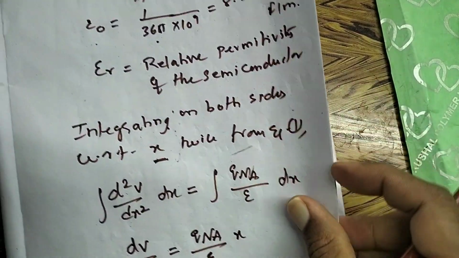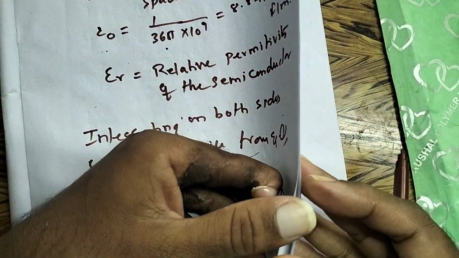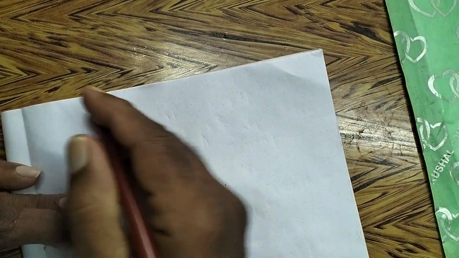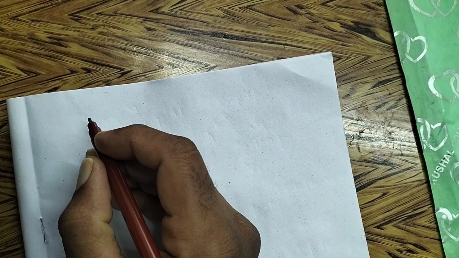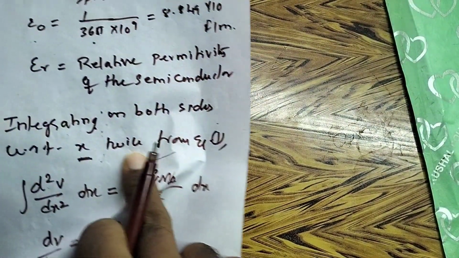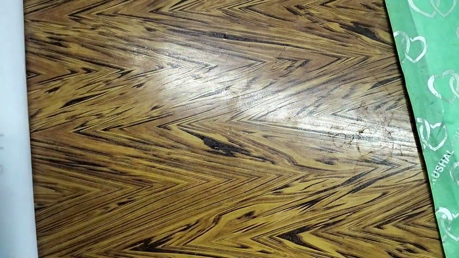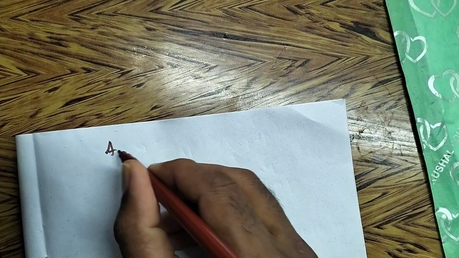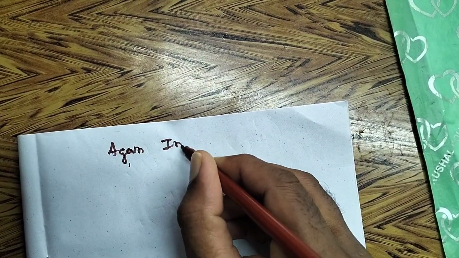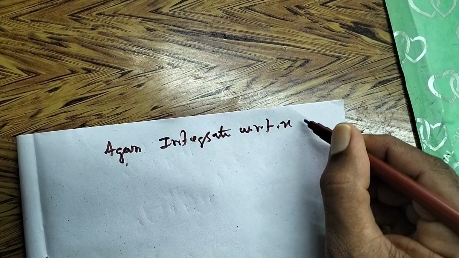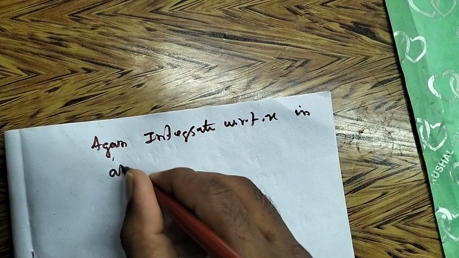Now look at the further derivation. We need to integrate twice, and the first time is completed. Now the second time, again integrate with respect to x in the above equation.